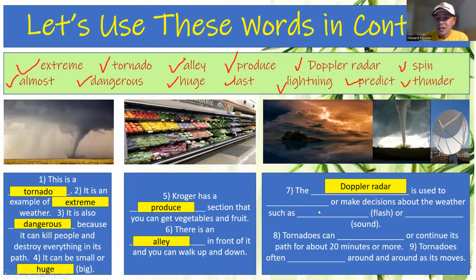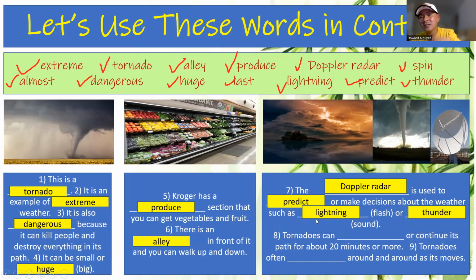Number 7, the Doppler radar. This is the Doppler radar, which is an example of technology. It's used to predict or make decisions about the weather, such as lightning, which is flashing, or thunder, which gives sound, boom.